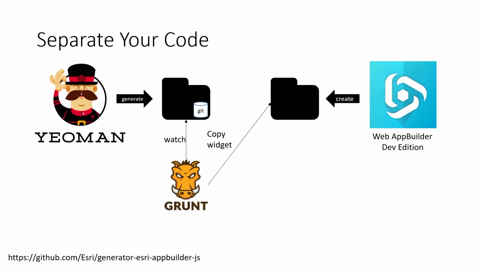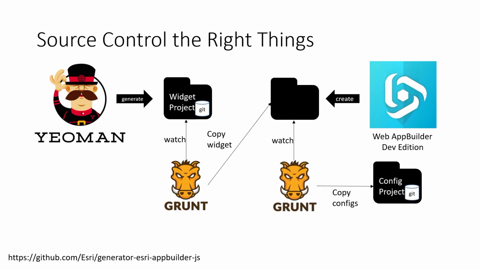This separates your custom code from the Web App Builder Developer Edition code, making updating to more recent versions of the Web App Builder easy. The other thing that you can consider doing is if you have widgets that you're using in multiple projects, you can separate your widgets from your Web App Builder configuration.